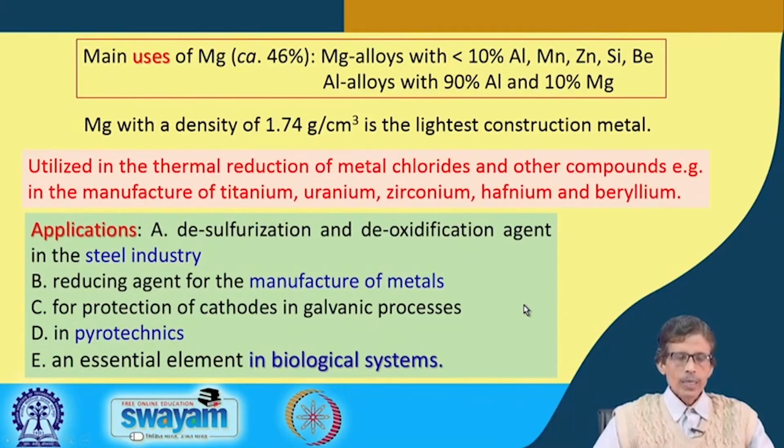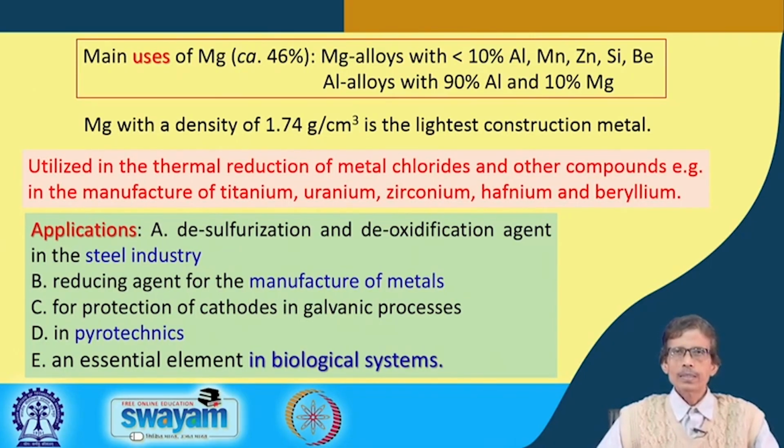Then quickly we see what the basic applications are, apart from the use in alloys. It is a very useful material for the desulfurization process or as a deoxidification agent in the steel industry, because the steel industry is a very complicated industry. Desulfurization means the sulfur getting trapped within the material which we get from the iron or the iron ore.